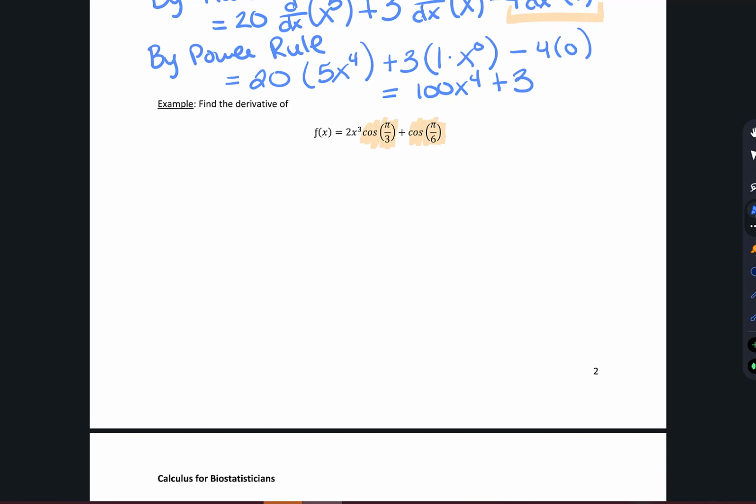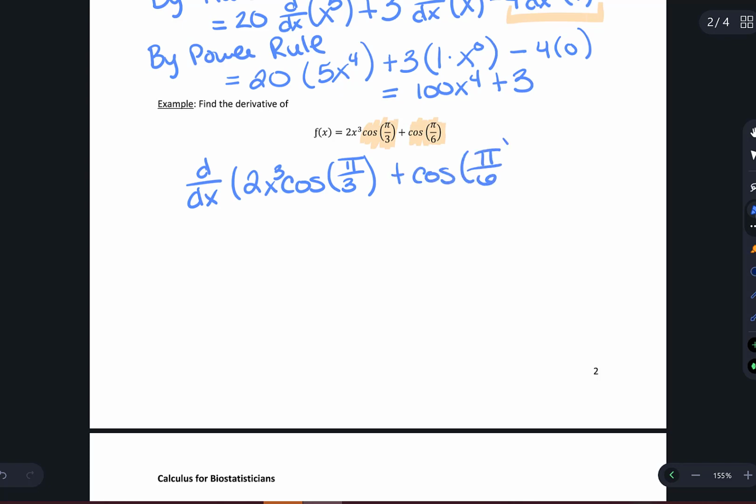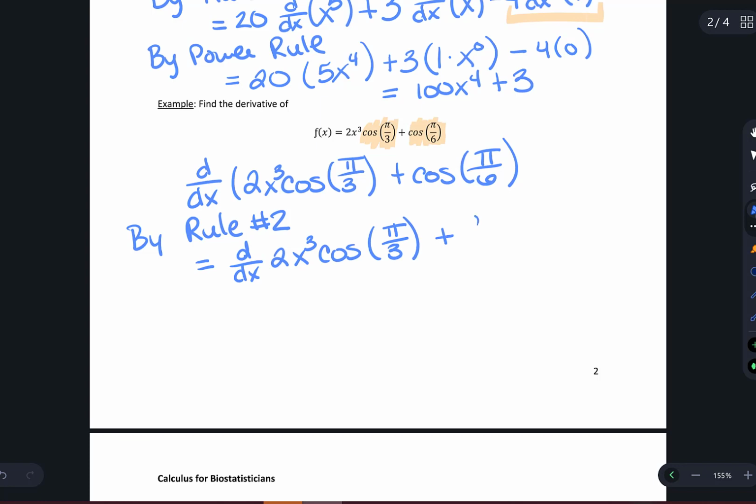So again, we want to take the derivative with respect to x of 2x cubed times the cosine of pi over 3 plus the cosine of pi over 6. So first, we're going to apply rule number 2. And so this is going to become the derivative with respect to x of 2x cubed times the cosine of pi over 3 plus the derivative with respect to x of cosine of pi over 6.